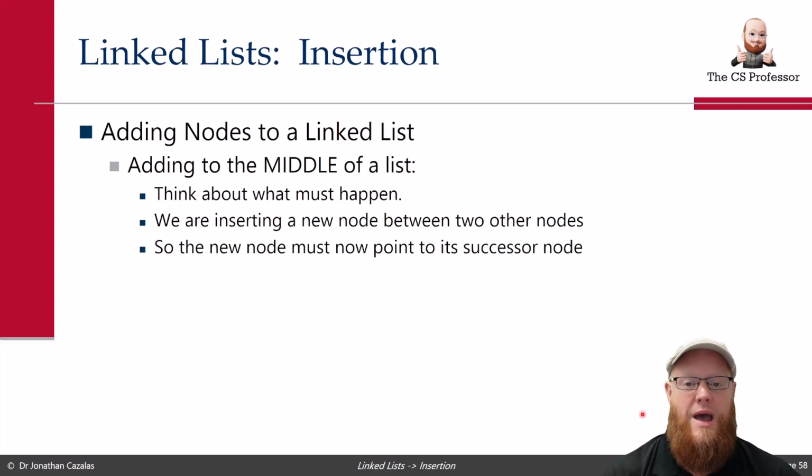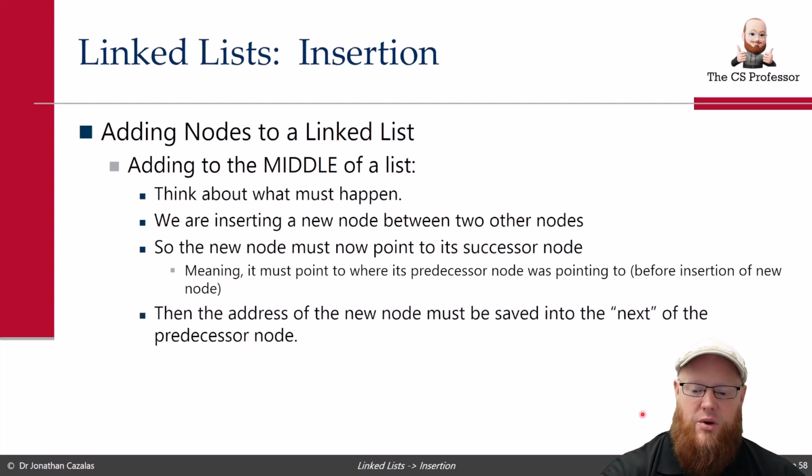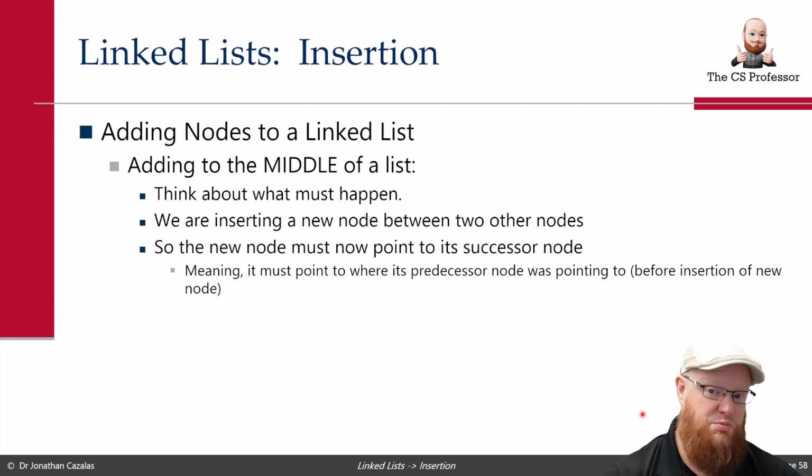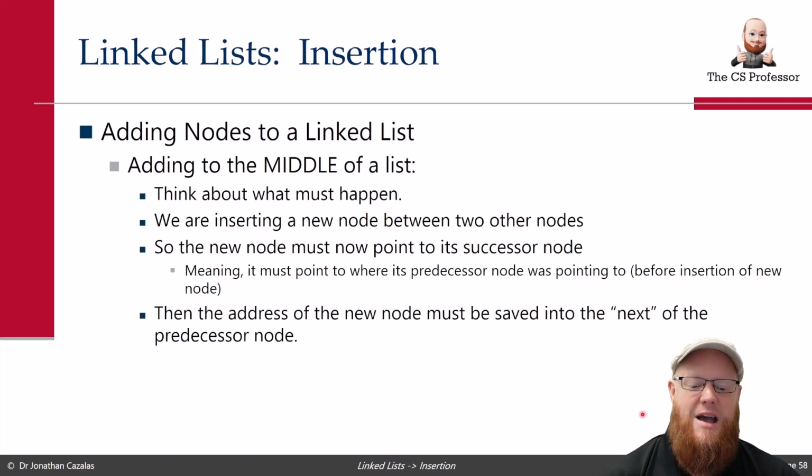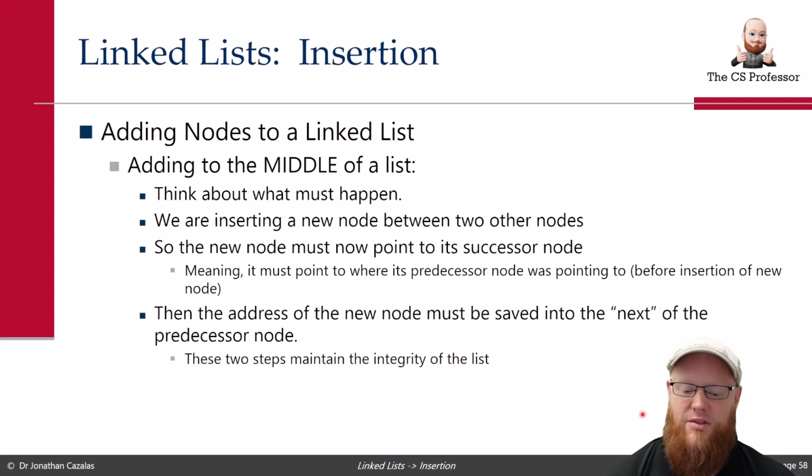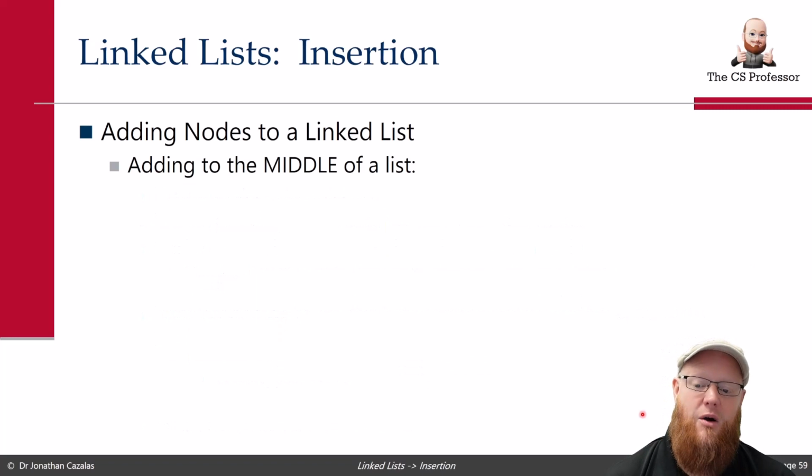This new node has to point to the successor node. And so it must point to where its predecessor was previously pointing. Then the address of the new node has to get saved into the next of the predecessor. These 2 steps are really what maintains the integrity of our list.